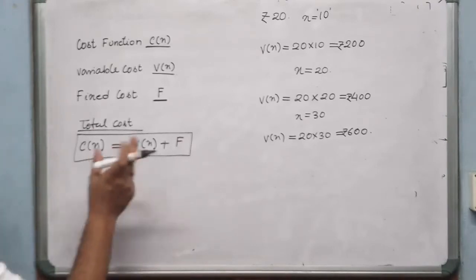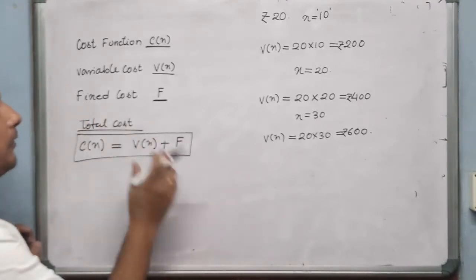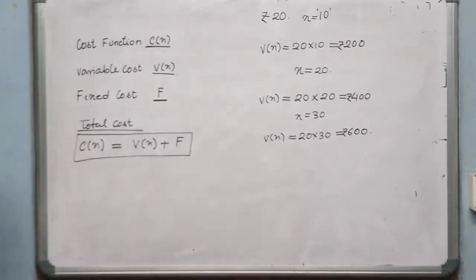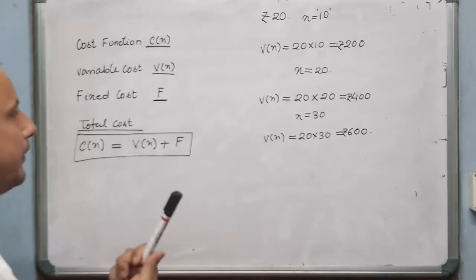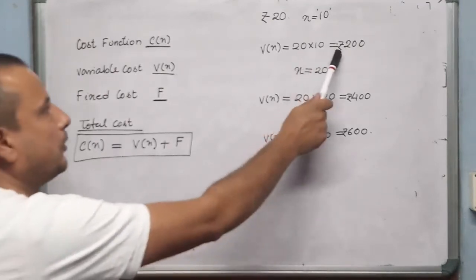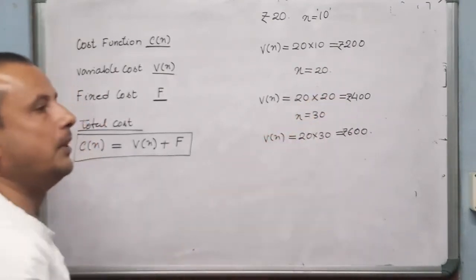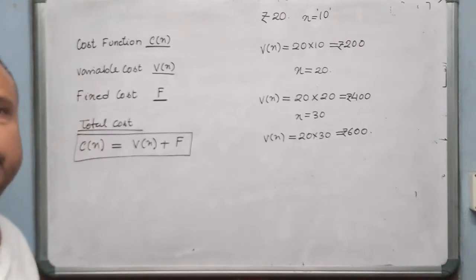Now this one is the variable cost. Now what is fixed cost? Let us take the example of the marker only. This is the cost of the marker, but extra expenses are also there. Transportation cost, labor cost, that is a fixed cost.